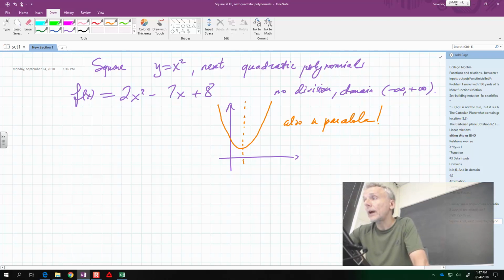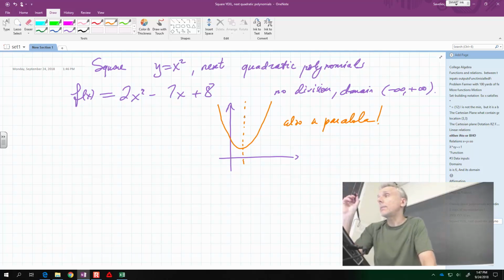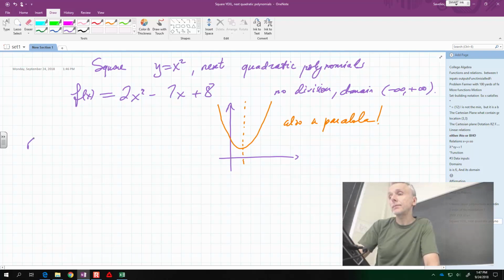So that's what we need to learn in addition to what you already know, or are supposed to know, about quadratic polynomials or quadratic functions or quadratic equations.